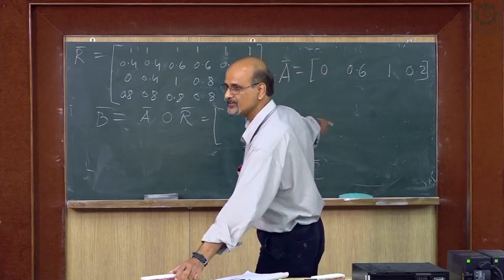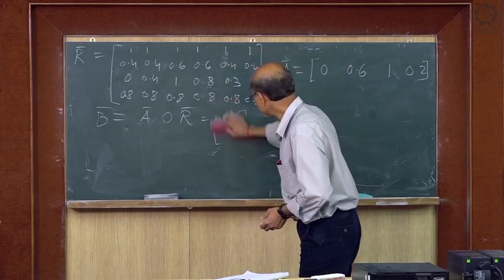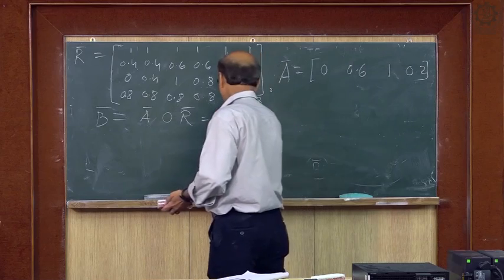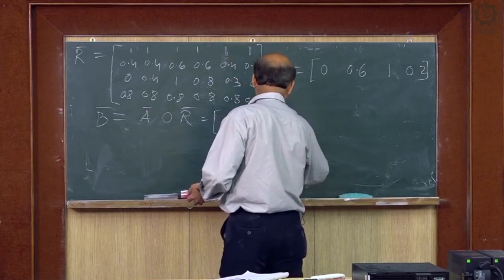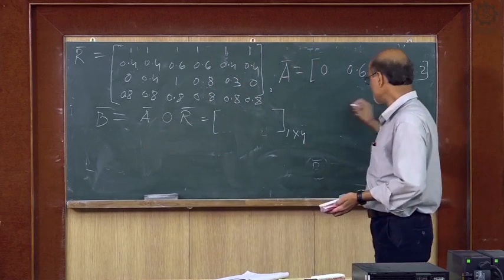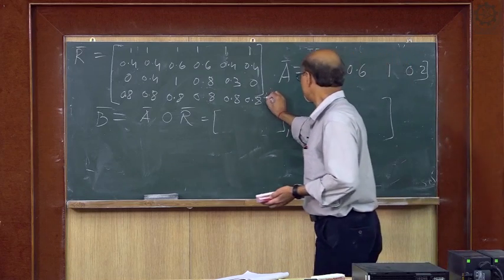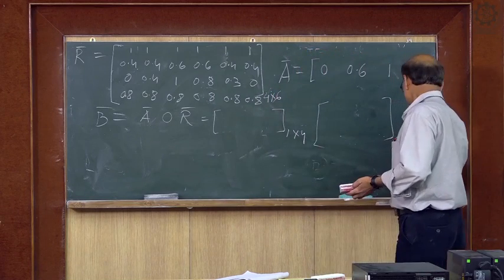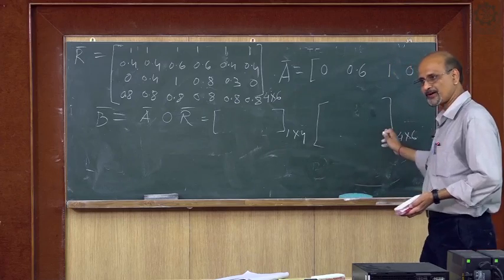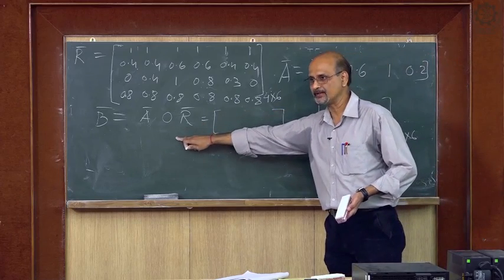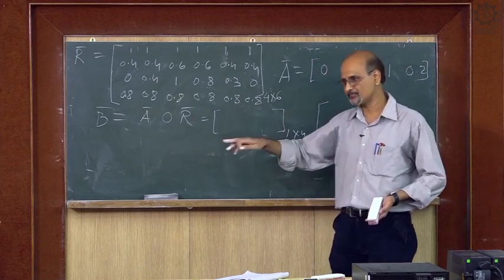Row, because otherwise we will not get that. So, I write this as a row, 1 by 4, and this relation matrix is 4 by 6. Operate that using max-min. Max-min we have already done.